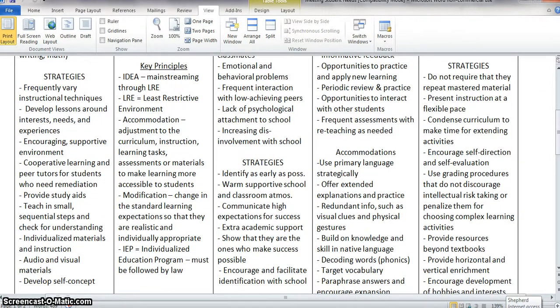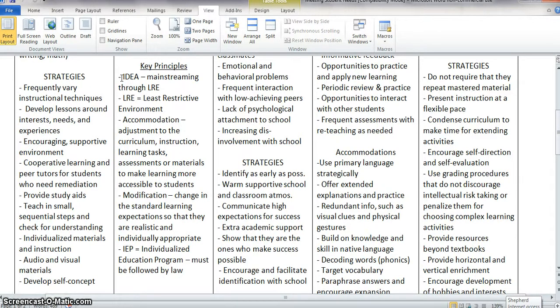Now, a couple of key principles that you should understand, and some of these are actually key terms I really want to draw your attention to. And if I were you, I would highlight these key words because you will need to know them. First is IDEA, the Individuals with Disabilities Educational Act, and that is the law that says that our students should be mainstreamed.